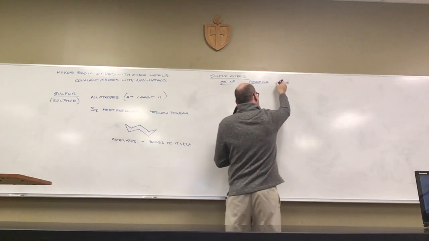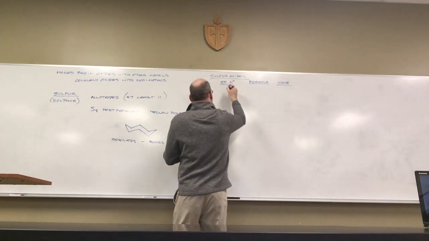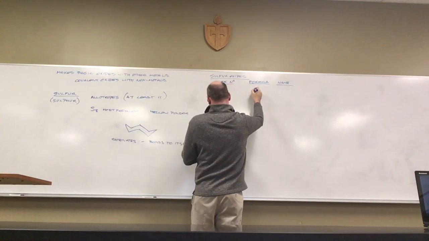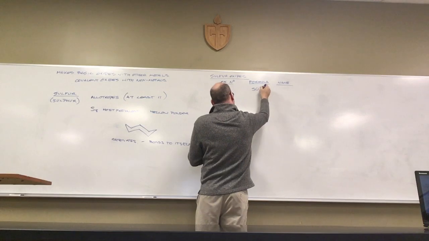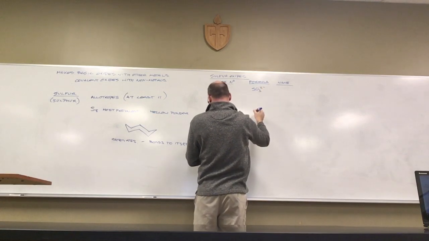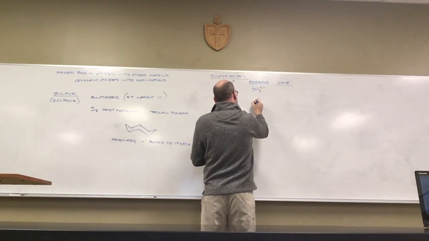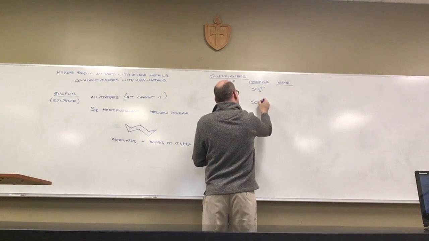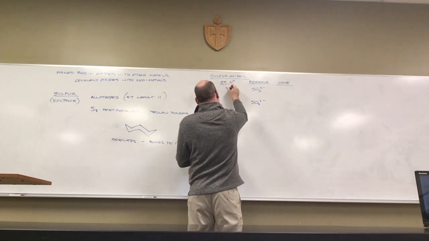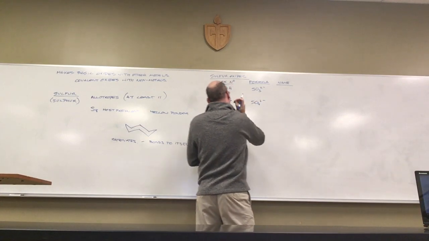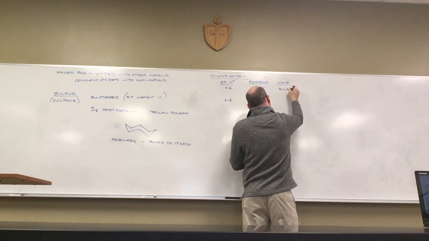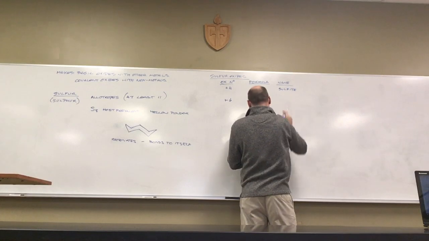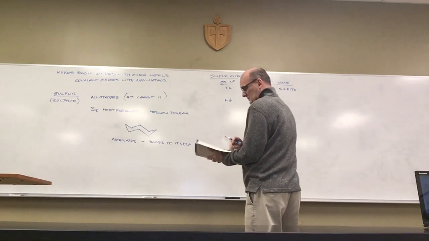And name. +6. This is sulfite. Oh, you know what? These are the anions.